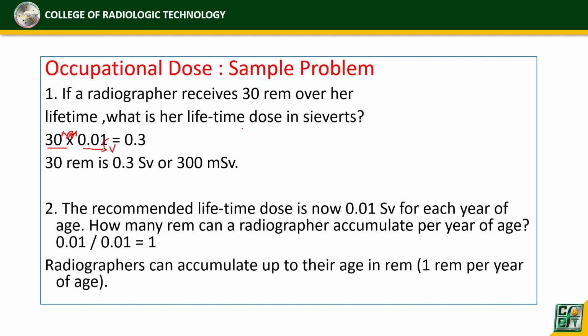Ulit nga. So we have 30 rem equals, so ang isang sievert, 1 sievert ay merong how many rem? 100.